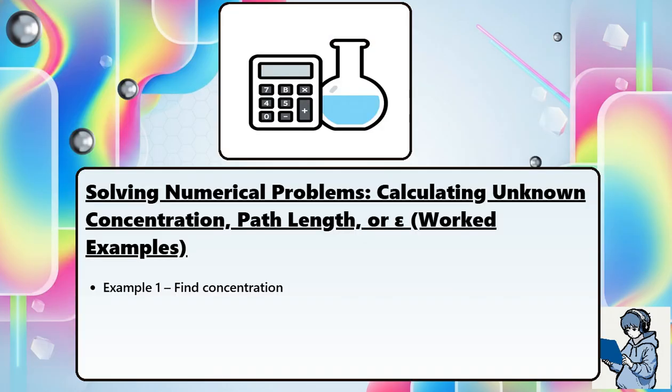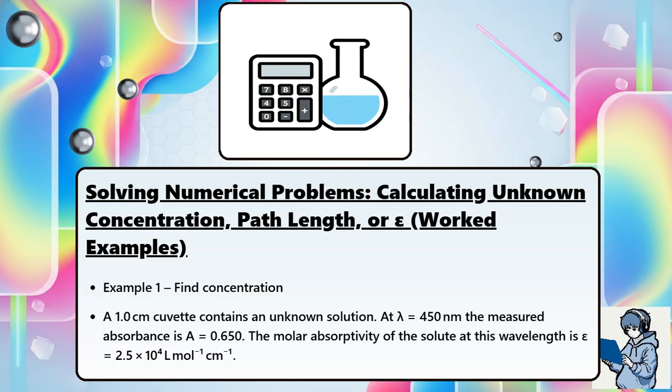Example 1. Find concentration. A 1.0 centimeter cuvette contains an unknown solution. At lambda equals 450 nanometers, the measured absorbance is A equals 0.650. The molar absorptivity of the solute at this wavelength is epsilon equals 2.5 times 10 to the 4 liters mole inverse centimeters inverse.